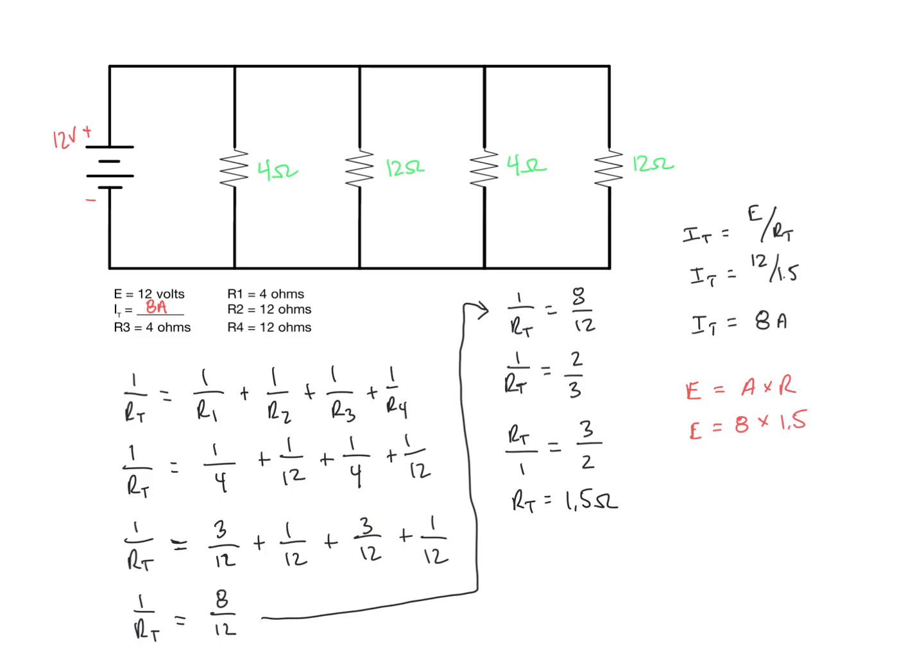And if I multiply those two, we get voltage is equal to 12 volts. So now we know that's good because that aligns. Okay. And if you want, I typically like to put in my currents like so. So this would be 8 amps coming back and 8 amps going out. Okay. All right. Let's look at another one.